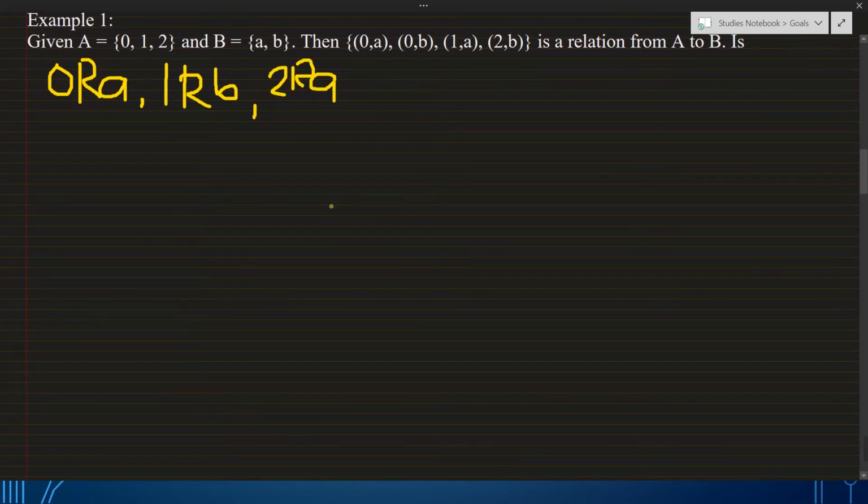For me, I'm going to solve this by using a mapping method. So how do we use the mapping method?